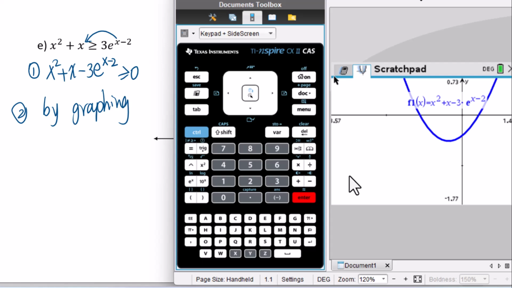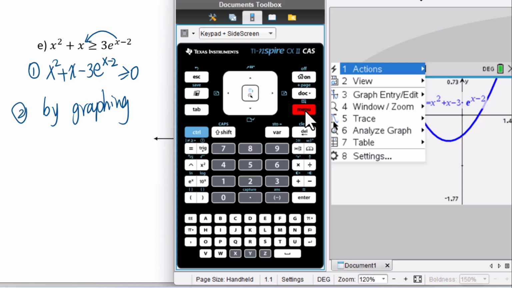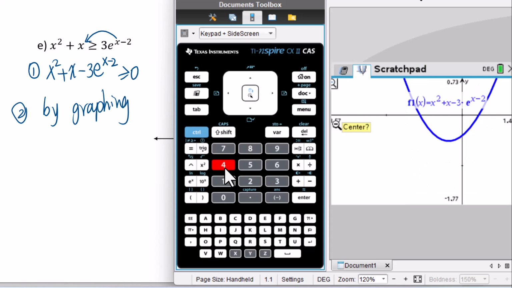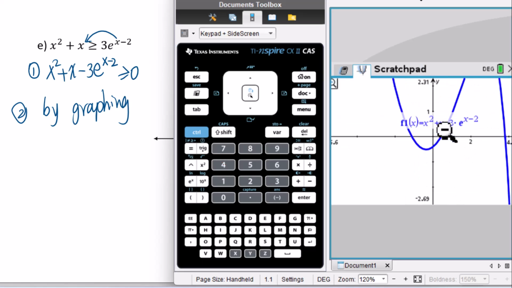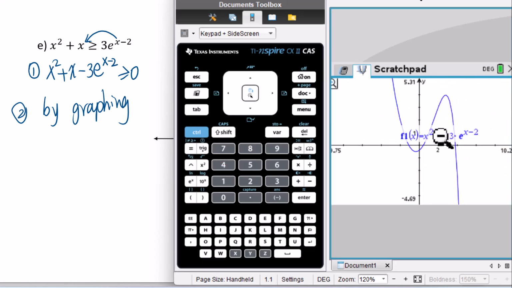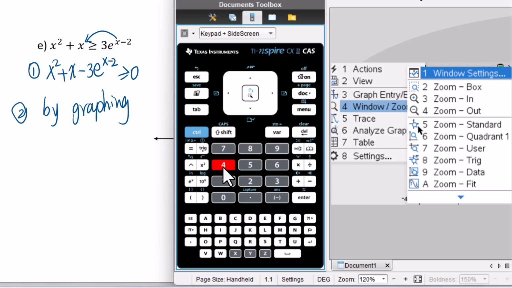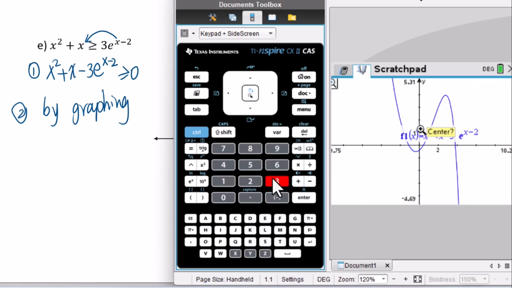Enter. Let's zoom out to see the whole graph. Menu, 4. Graph like this. Now zoom in a little bit. Menu, 4, 3.